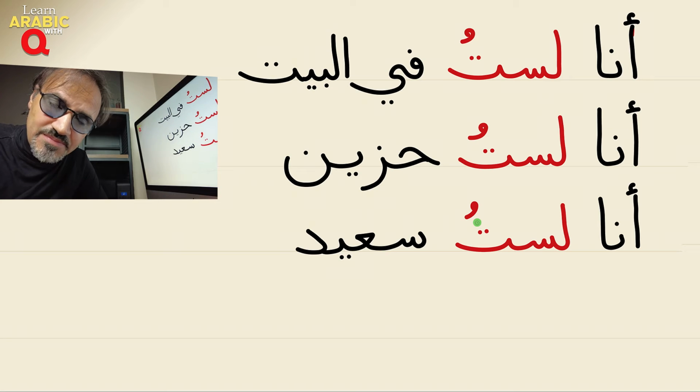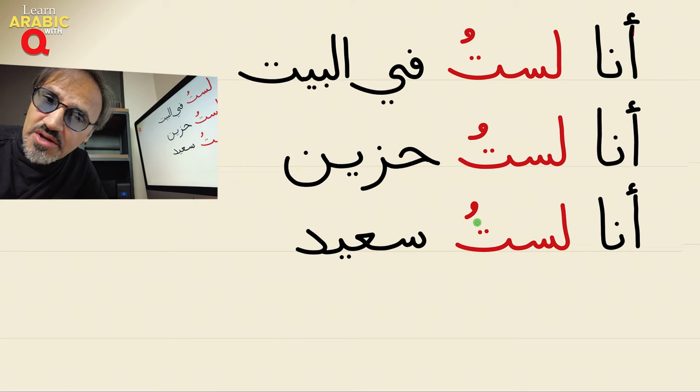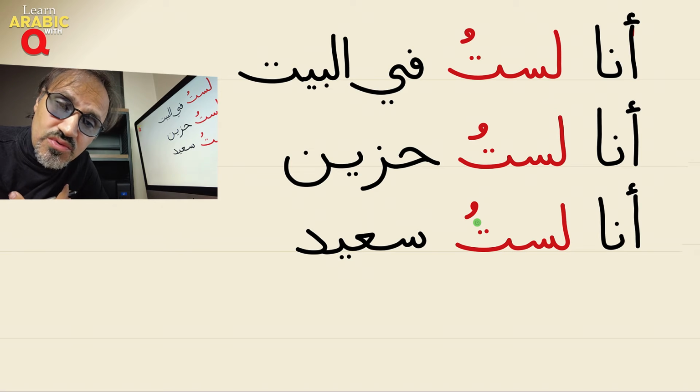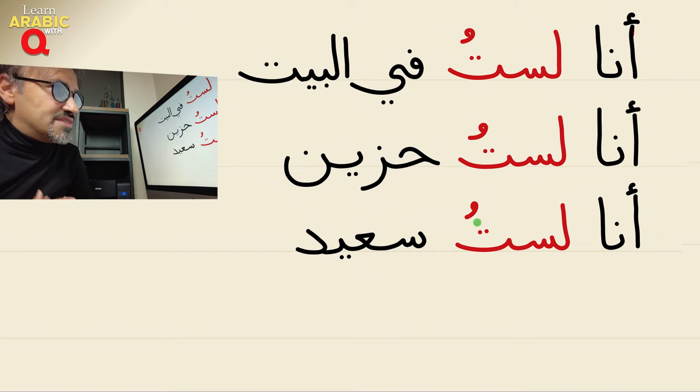She's not happy. For me, I say أنا لست سعيد. أنا لست حزين. I say I'm not in the house. أنا لست في البيت. And I'm not in the car. أنا لست في السيارة. Okay? So we're negating all of these sentences.